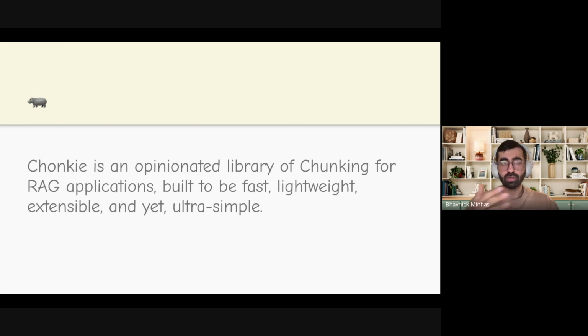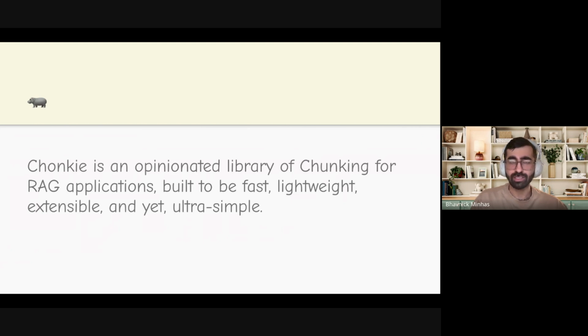You'd want to be really fast when you're building something that does internet-based search, and then chunks on the fly, and then retrieves some relevant passages of the websites, and then does the answer generation. So you'd want chunking to be really fast. You want it to be lightweight, because why would you want a heavy package if you can avoid that? And generally, most other packages were much heavier than they needed to be.